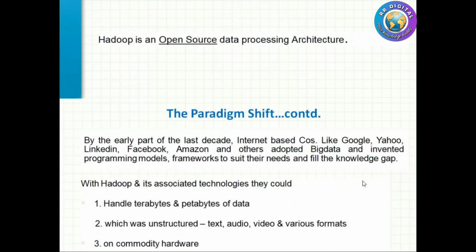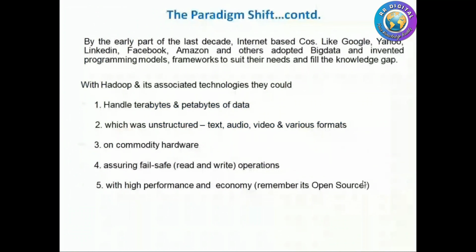And what are the advantages? How will Big Data Hadoop handle big data files? It will handle your data even if it is in terabytes and petabytes. Even if it is structured or unstructured or any variety of data, Hadoop supports it on commodity hardware.